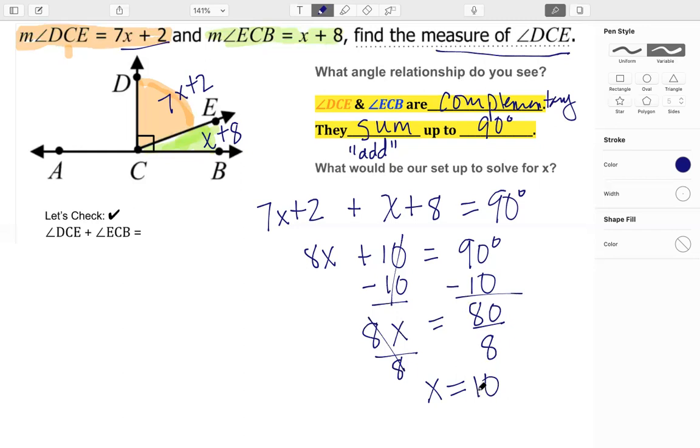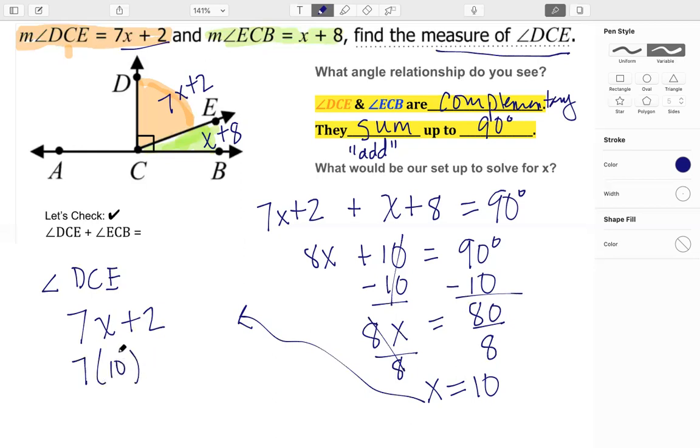So let's plug this in. We know that angle DCE has the expression 7x plus 2. We need to plug this value into this expression, so we're going to replace x with 10. So 7 times 10 plus 2.